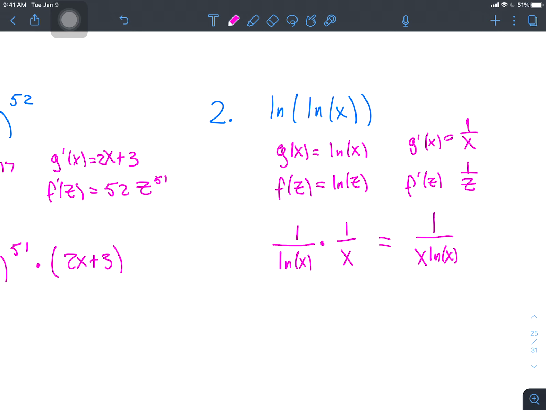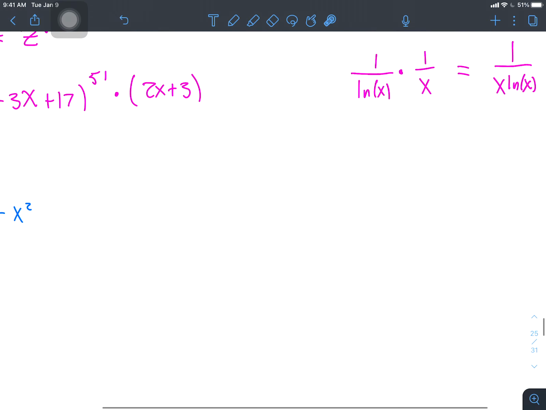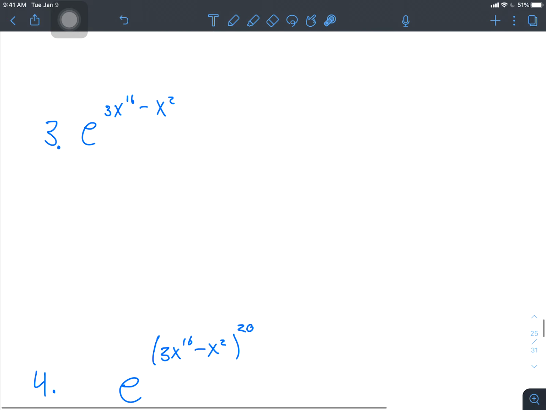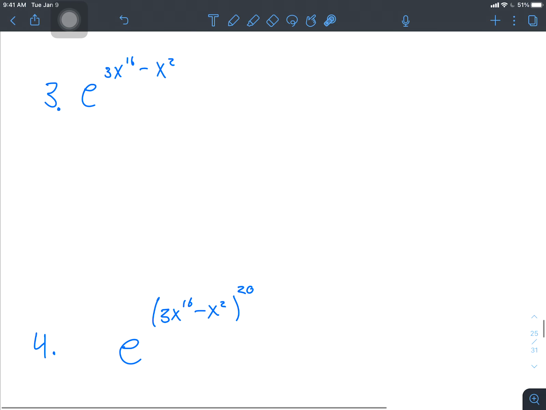I just need to take whatever was inside and multiply by its derivative on the back end. Yep. If we left it as 1 over ln of x times 1 over x, that's fine. You can just leave it like this if you want. As long as you've done the actual work of the problem, I don't care if your answer is equivalent to the real answer.